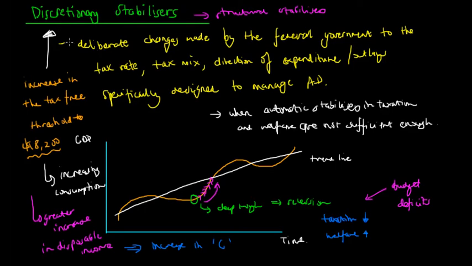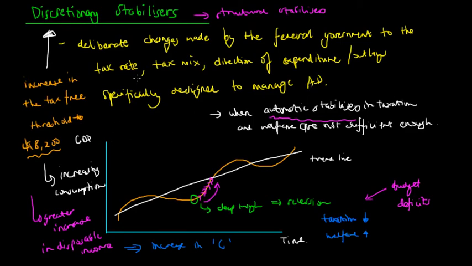So that's the role of discretionary stabilisers. They are deliberate changes made by the federal government to the tax rate, tax mix, and the direction of expenditure or government outlays, specifically designed to manage aggregate demand when automatic stabilisers are insufficient to manage aggregate demand by themselves.